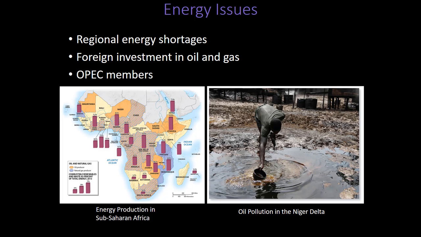Some of the countries are OPEC members, the oil producing exporting countries, we always get those mixed up. We'll talk about it more when we get to the next region. But generally speaking, there are energy shortages. There has been a lot of foreign investment in oil and gas, and a lot of it over the last several years has been coming from China, in fact.